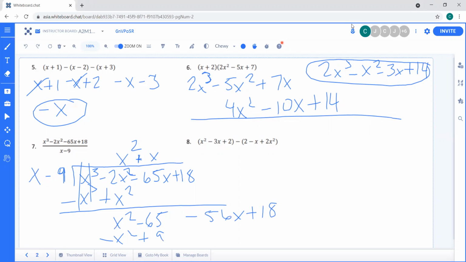I'm still questioning myself whether this is going to be right. For some reason, I don't feel like this is right. x negative 9. So I'm going to have to come up with a 56. I don't like that.